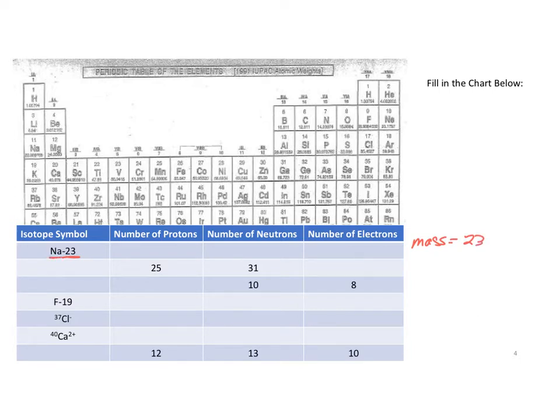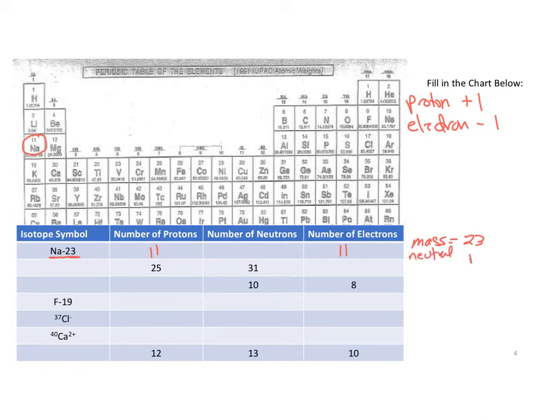And Na is sodium, so we see sodium here. So the number of protons is 11. This is the atomic number. And then these are neutral, so the number of protons, the proton is positive, and the electron is a negative one, okay? So this would be 11 electrons if it's neutral.